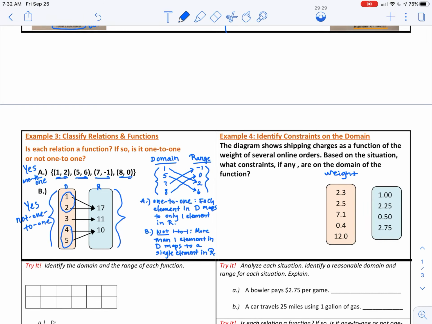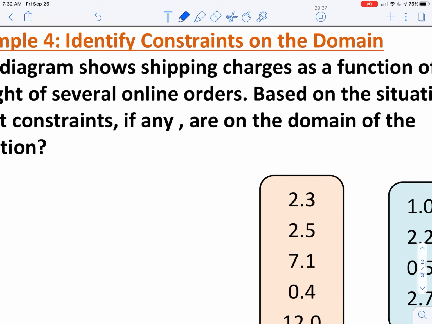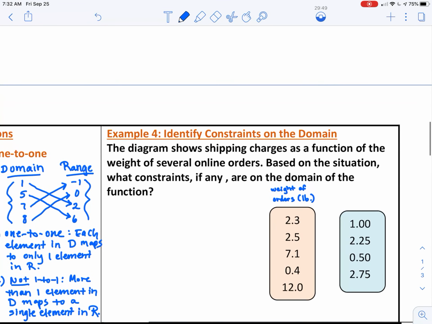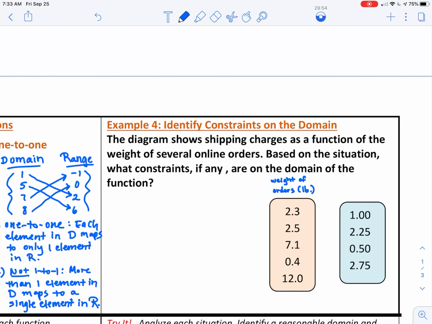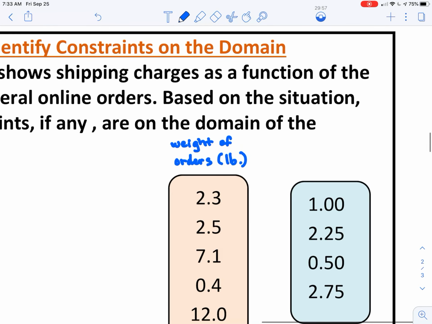The weight of orders that you order online in pounds. Based on the situation, what constraints, if any, are on the domain of the function. And what's on the right-hand side represents shipping charges. I don't know if you've ever ordered anything online, but if you do, in most cases, you have to pay for them to ship the box to you.